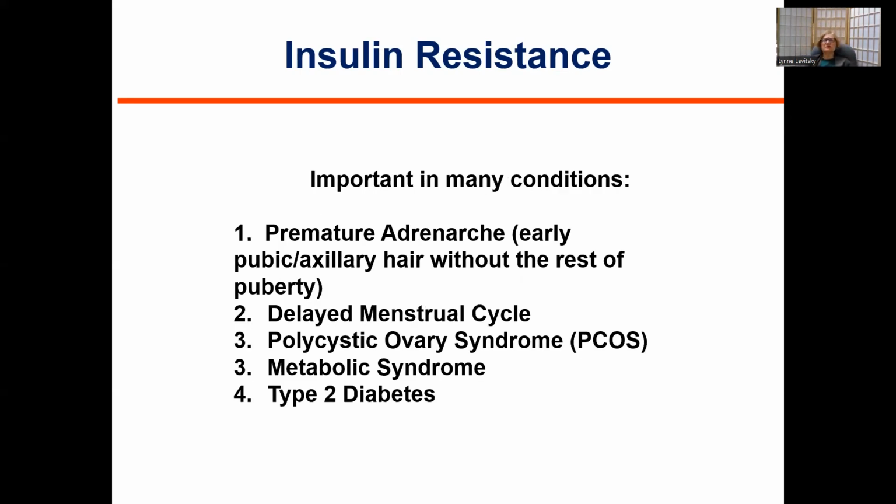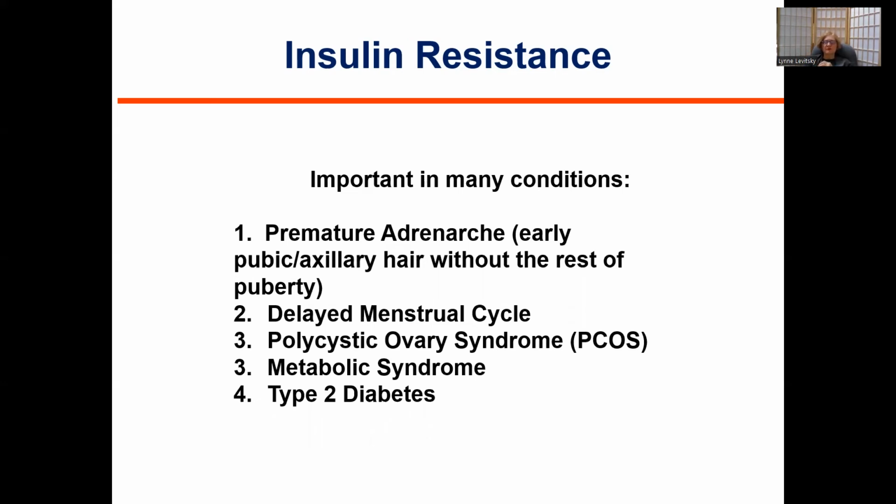So insulin resistance is important in many conditions, some that you wouldn't think of, related to childhood growth and development and Myhre syndrome. One is that it may be important in premature adrenarche, which is a condition of early adrenal puberty, where you have early pubic and axillary hair, usually with an adult body odor, without the rest of puberty.